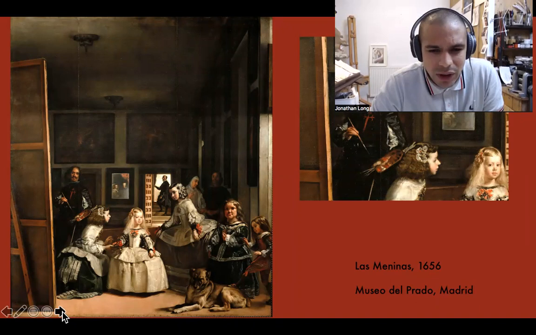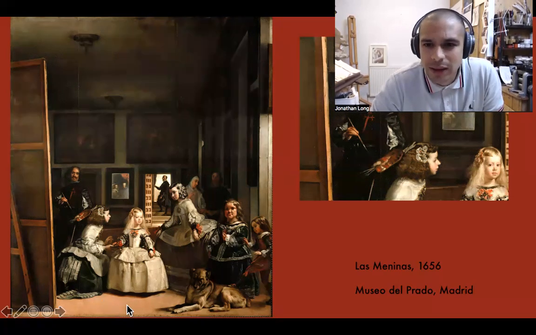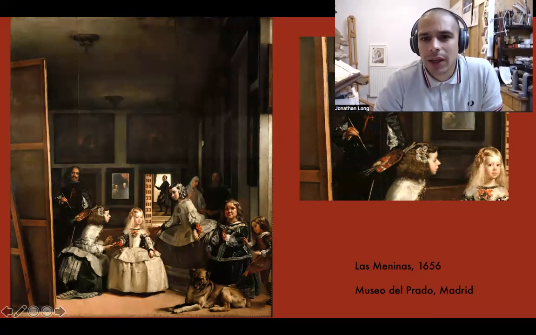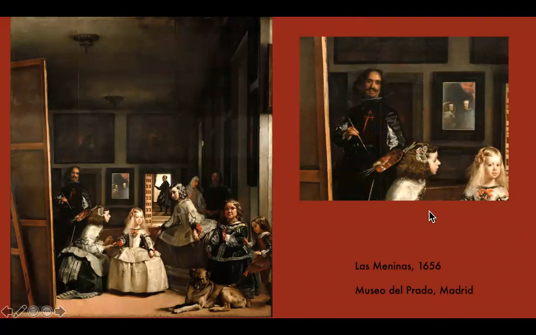It's the Maids of Honor, or Las Meninas, painted for the King and Queen of Spain, Philip IV. And we've got the Infanta Margarita there. On the left, we've got Diego Velázquez in the act of painting. And if we look closer at Velázquez, he is wearing that cross on his breast, Knights of the Order of Santiago.